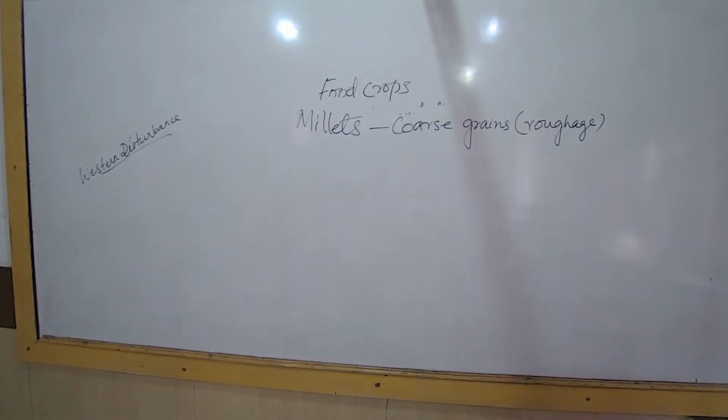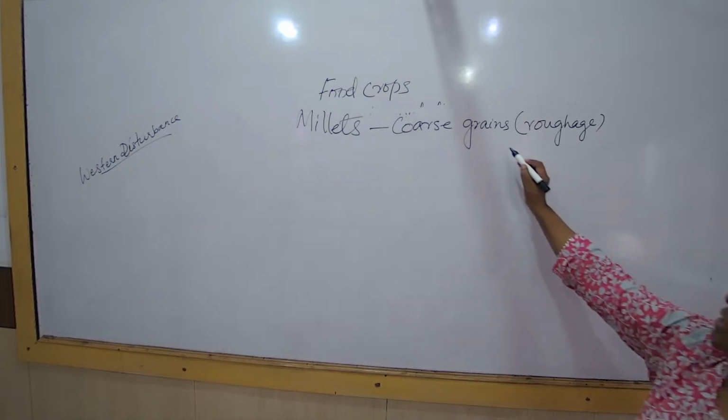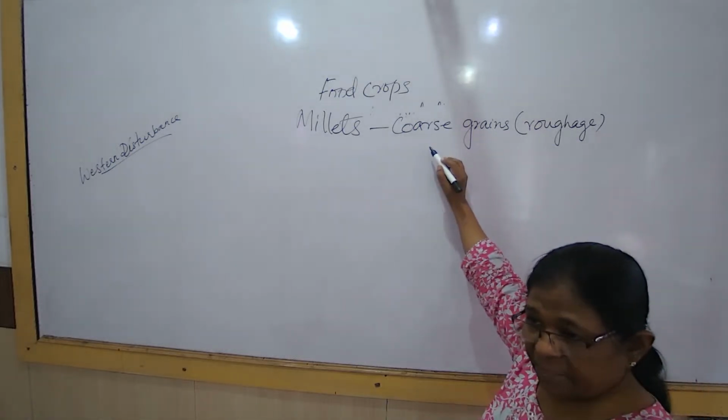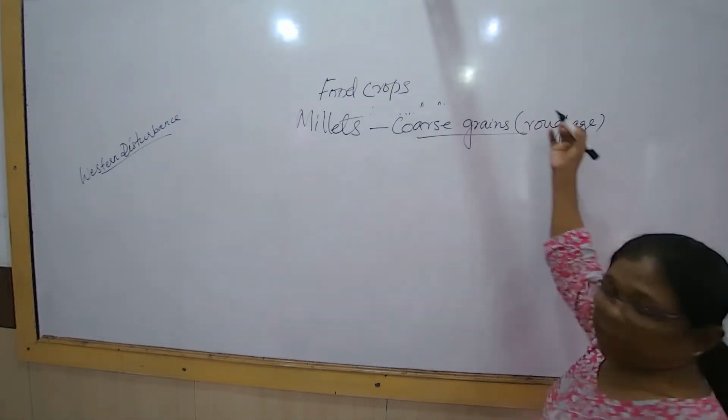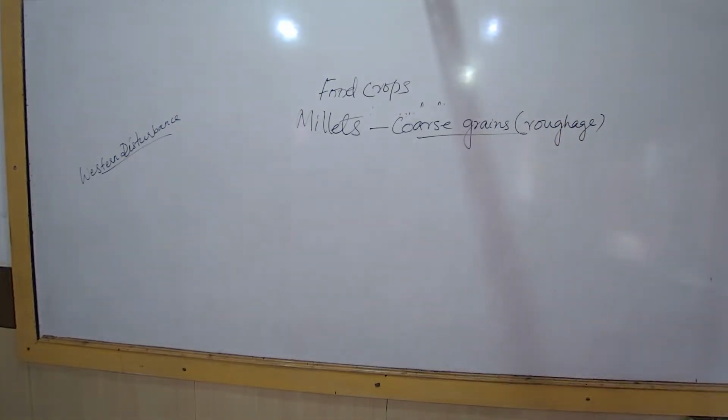We know that ragi, bajra, jowar, all these have a skinny husk, which is good for digestion. That is why it is called coarse grain. Because of that skinny part, it is known as roughage.